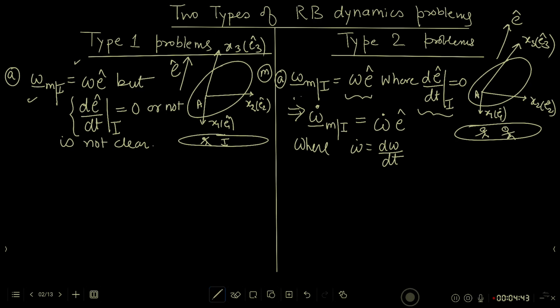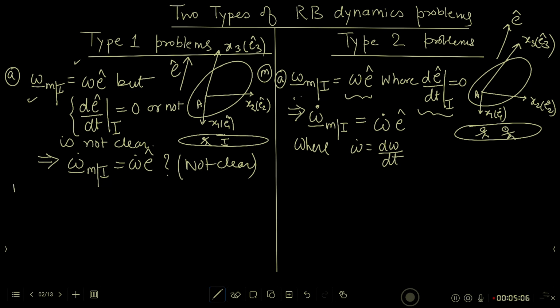Here it is not clear. Here you don't know whether the angular acceleration is equal to omega dot E hat or not. Not clear. And as I said, if it's not clear, you deem that problem as a type 1 problem.